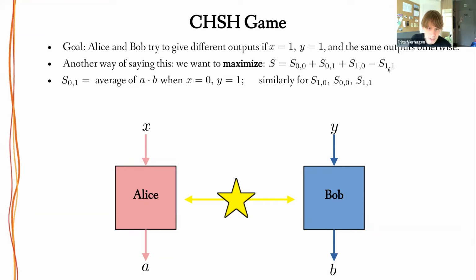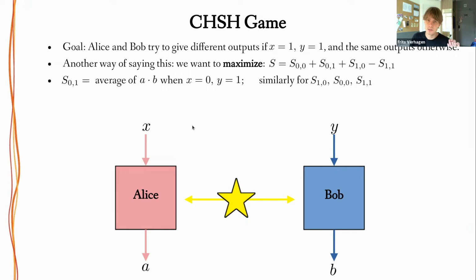And S11 has a minus because, if we think about it, we want the outputs to be different if X is 1 and Y is 1. So that's this case, S11. If they are different, that means that A is plus, B is minus, or A is minus, B is plus.